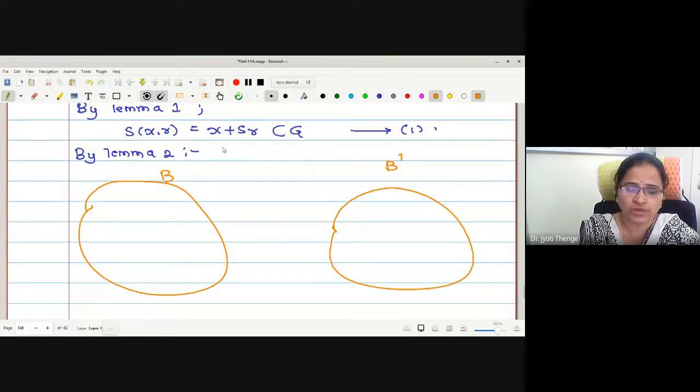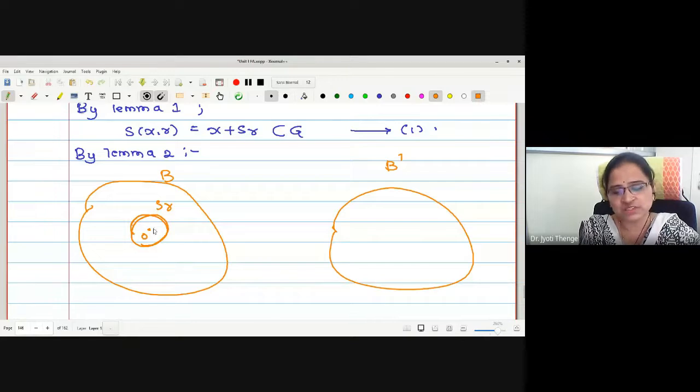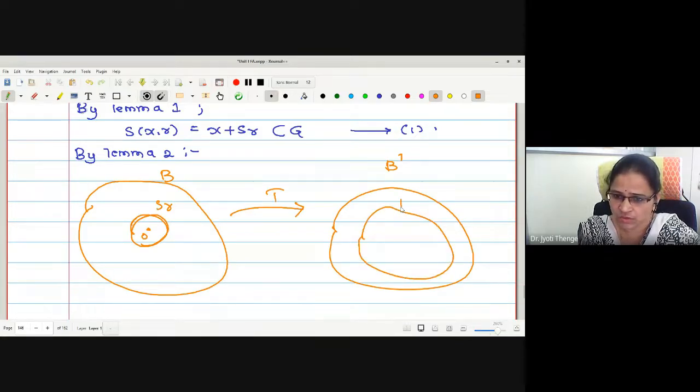Now what we have just now is SR. We have found an open sphere centered at origin in B. Then what about its T image? This T of SR will contain again an open sphere centered at origin. Here O dash is the center which we are calling.